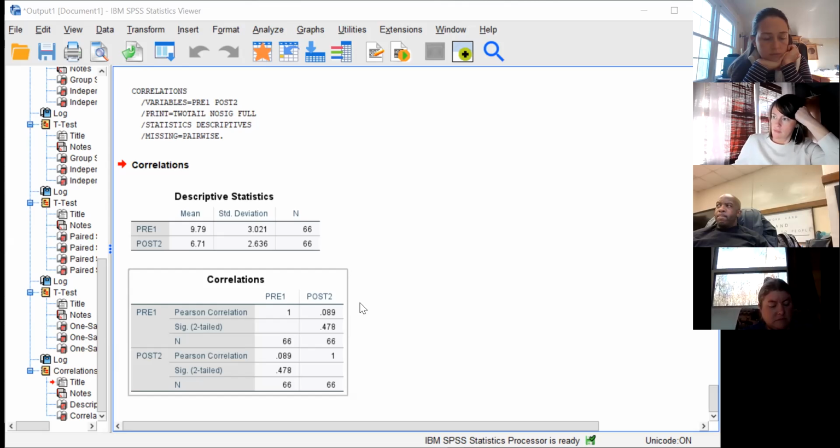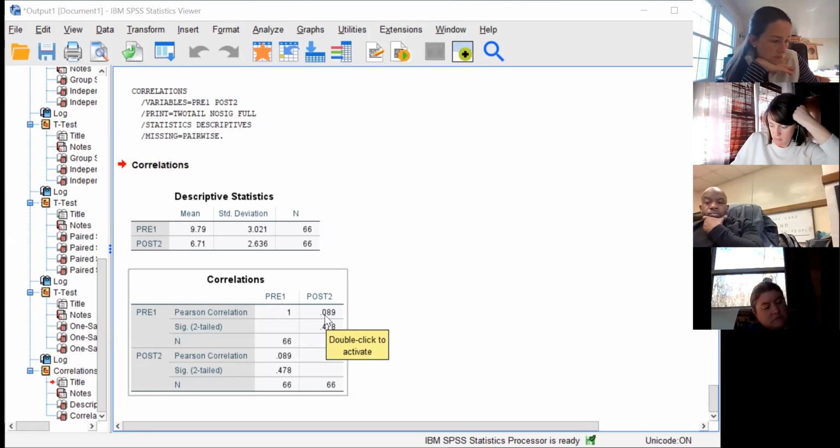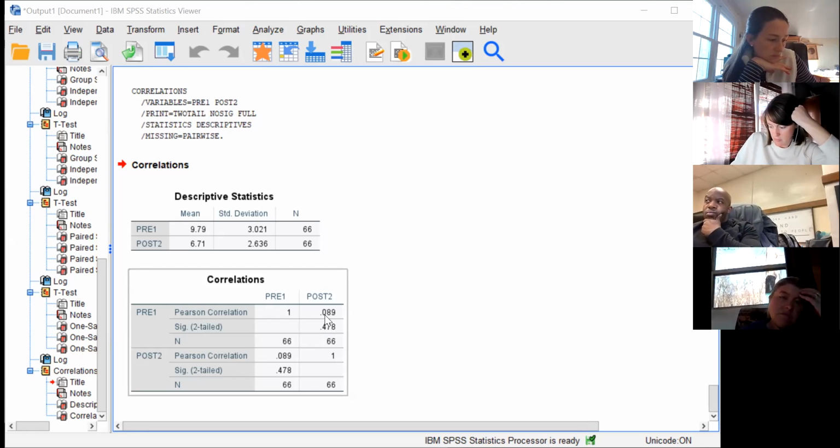Now, from this R value, we can calculate the slope. There is a formula to calculate the slope from that. Or I guess the better way to say that is the R value can also be derived from the slope.